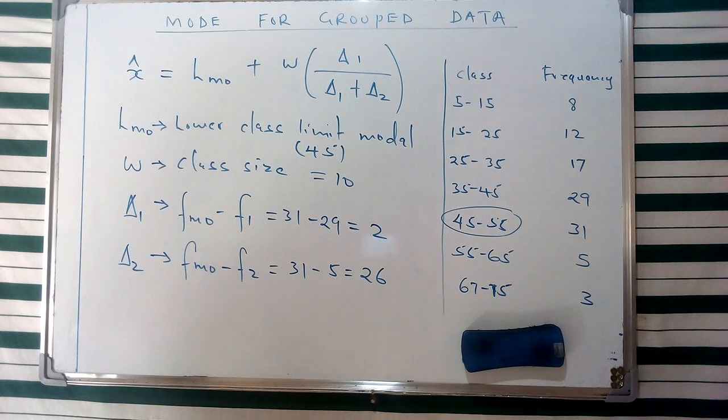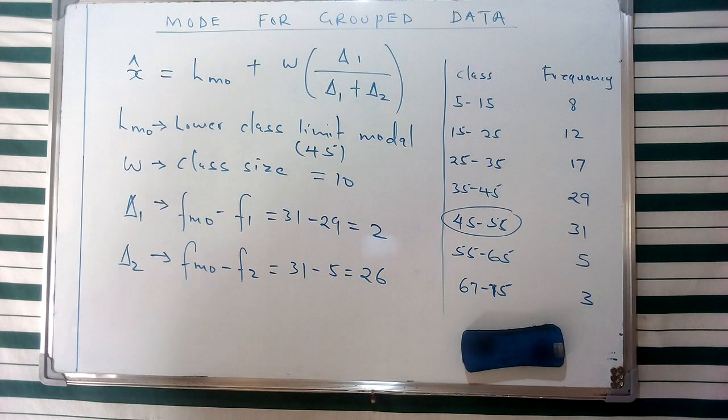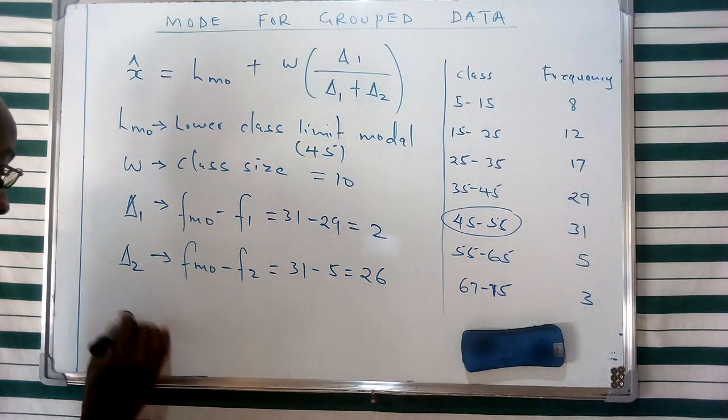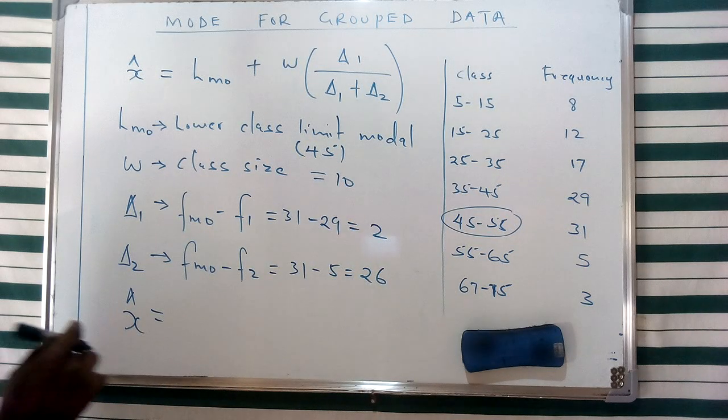And of course, as we have said, this particular description is going to give us the specific mode for that distribution. So if we do a direct substitution in this case, we can find the mode for that frequency distribution.